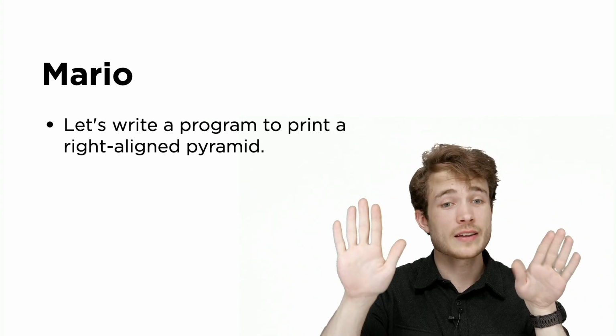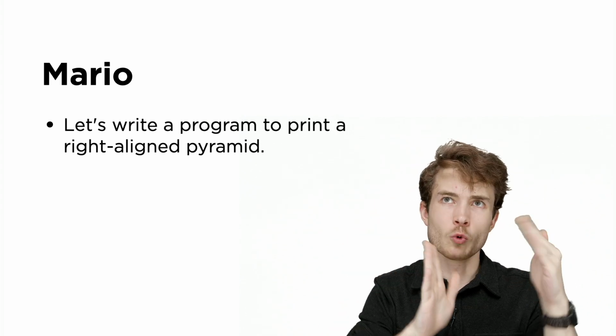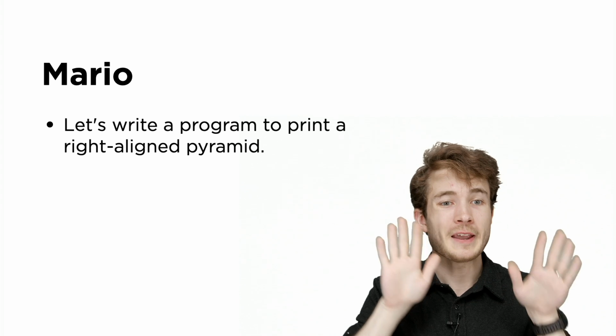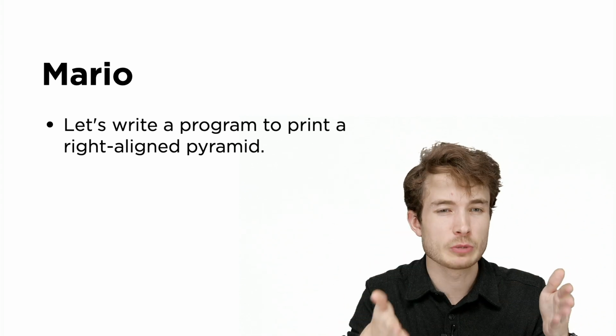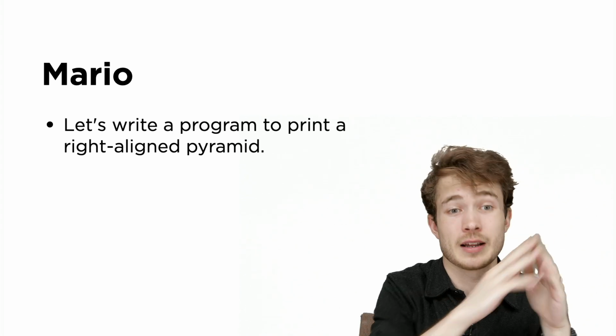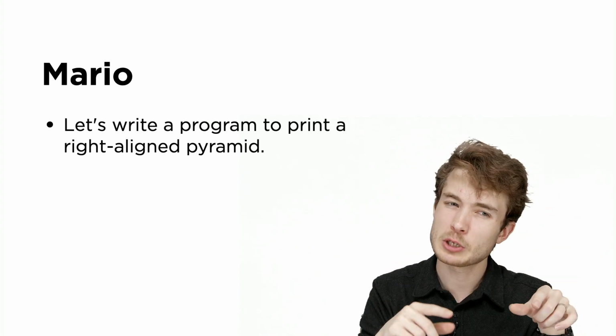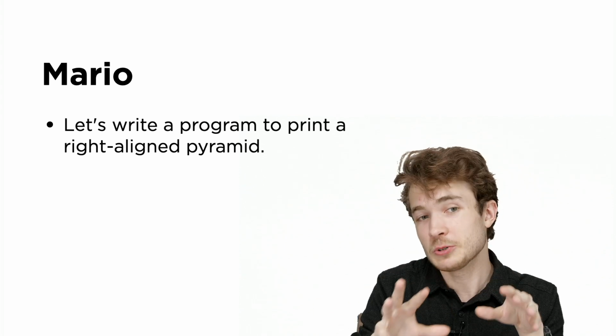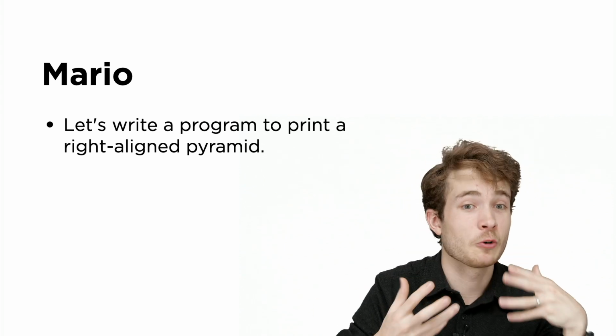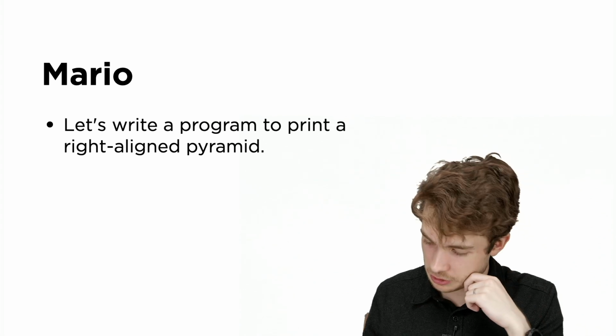If you think of your right hand and your left hand and which way the pyramid should go, a right-aligned pyramid goes up to your right, whereas a left-aligned pyramid goes up to your left. I would probably argue a left-aligned pyramid is a bit easier than a right-aligned pyramid, but I'll leave that part up to you as you work on the problem set. And today we'll focus on our left-aligned pyramid.